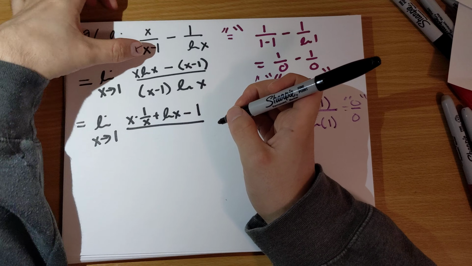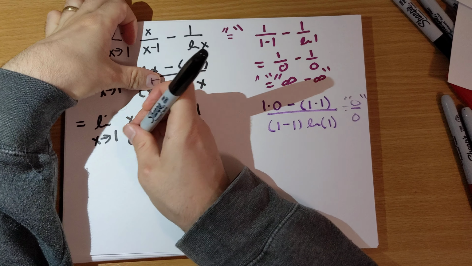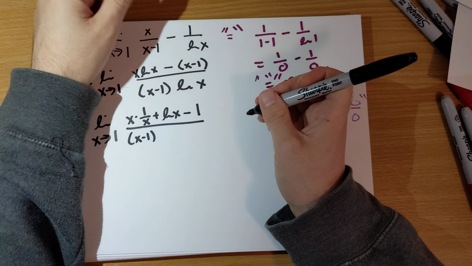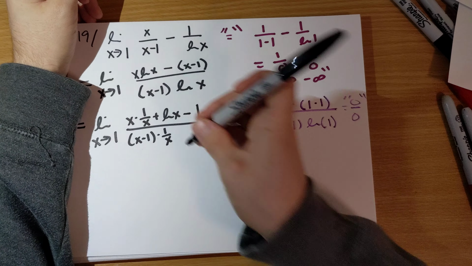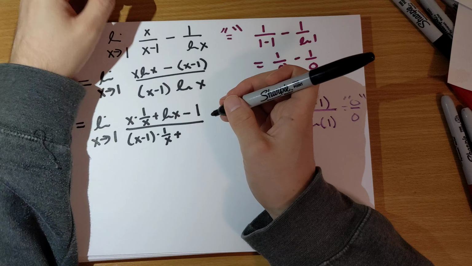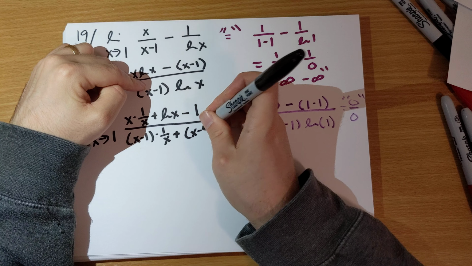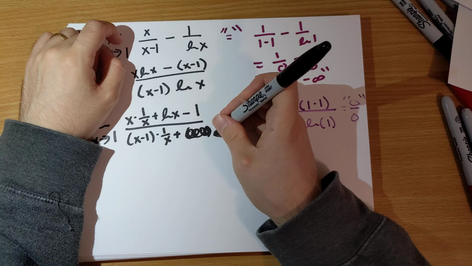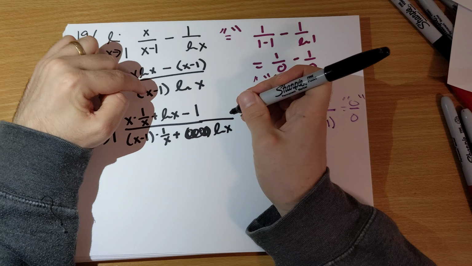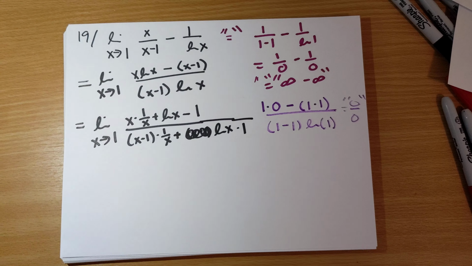Downstairs, we would have x minus 1 times the derivative of natural log of x, which is 1 over x, plus natural log of x times the derivative of x minus 1, which is 1.